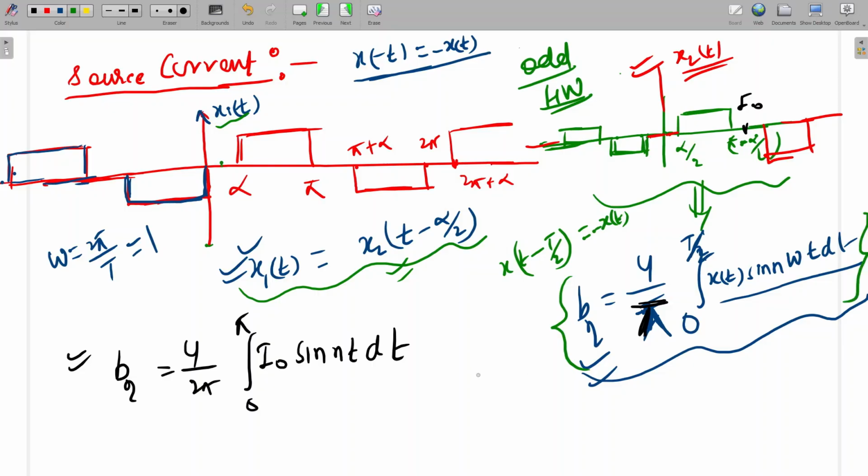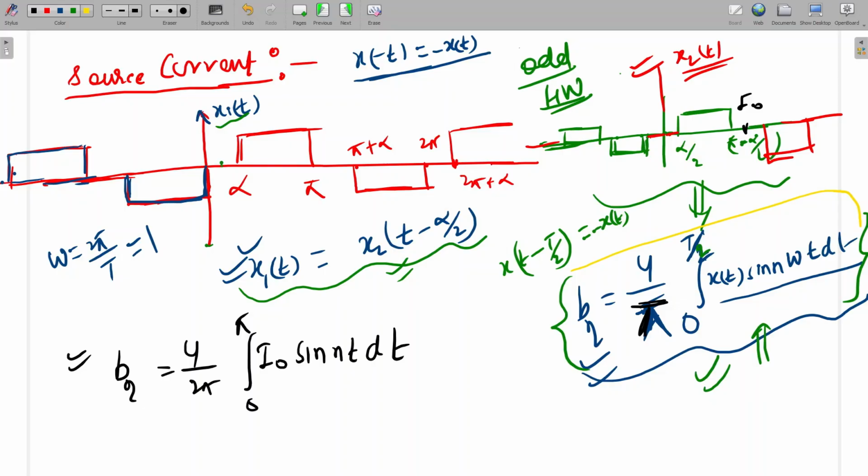This is a short trick. If we integrate over the full cycle, then also we'll get the same. But if symmetry is there, we can do the integration like this only, and we get the same value. If you want, you can integrate the full cycle and you will get the same final output. So this is a short trick if symmetry is there. Is it clear?